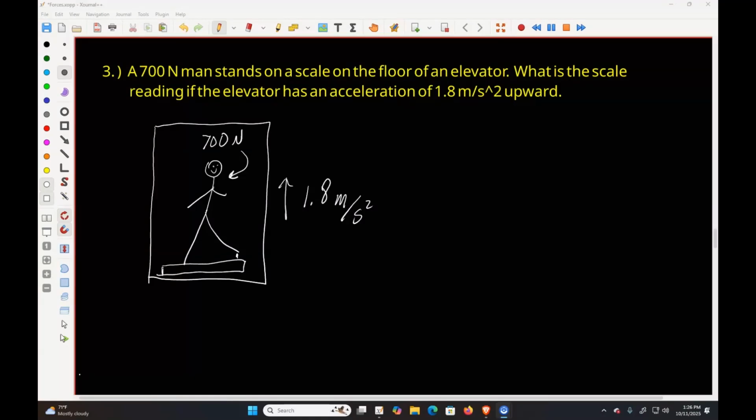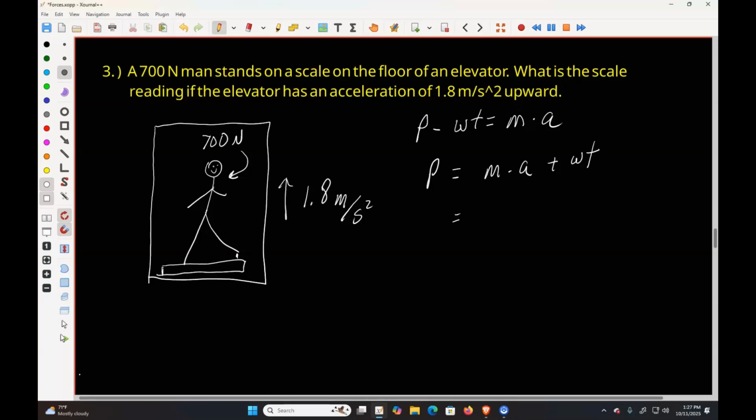Okay, so we know that if you're going up, it's the push minus the weight equals mass times acceleration. So I'm going to say this push then is equal to mass times acceleration plus the weight.